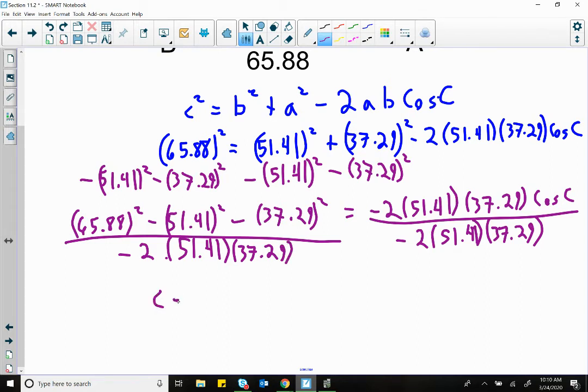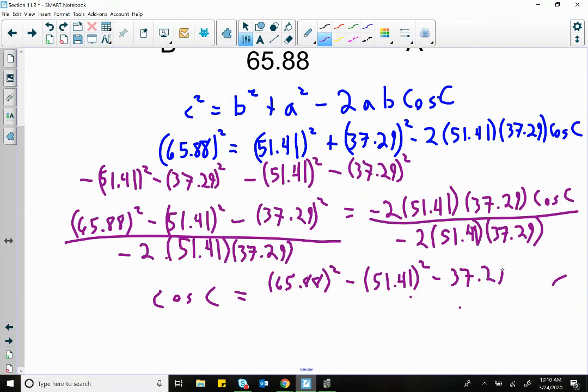So cosine C is equal to that giant fraction of 65.88 squared minus 51.41 squared minus 37.29 squared, all divided by negative 2 times 51.41 times 37.29.